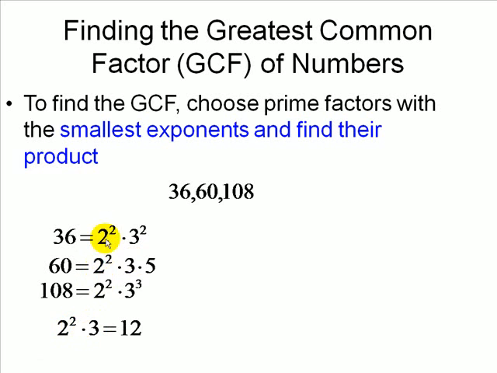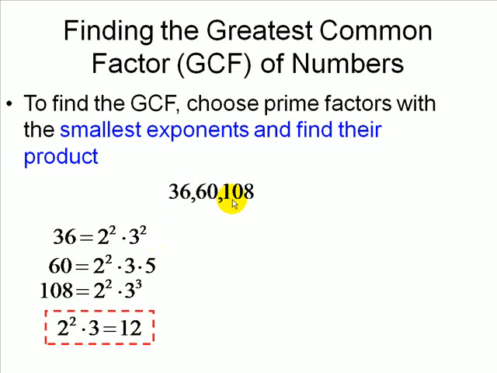Note that 2 squared is the smallest among the numbers with the base 2, and 3 has an exponent of 1, which is common and is the smallest exponent associated with these three numbers. So therefore 12 is the greatest common factor among 36, 60, and 108.